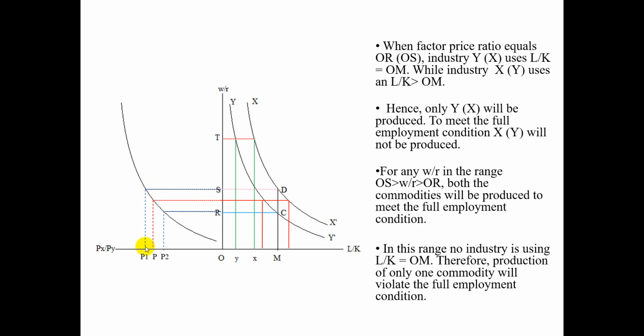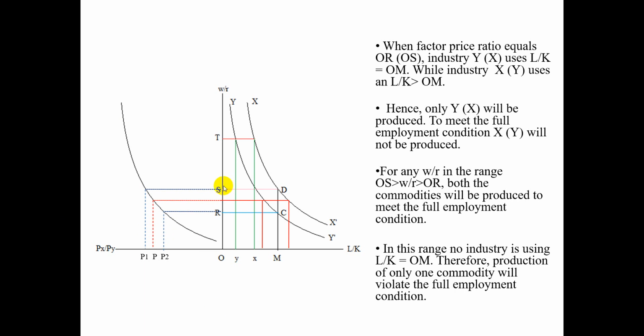So P1 is the price which gives us production of only X and no Y. Therefore, at point S only X is produced, and at point R only Y is produced. So only if the factor price ratio lies in the range S to R will both the commodities be produced. Similarly, if the commodity price ratio lies between P1 and P2, both the commodities will be produced. Production of one commodity alone will violate the full employment condition.